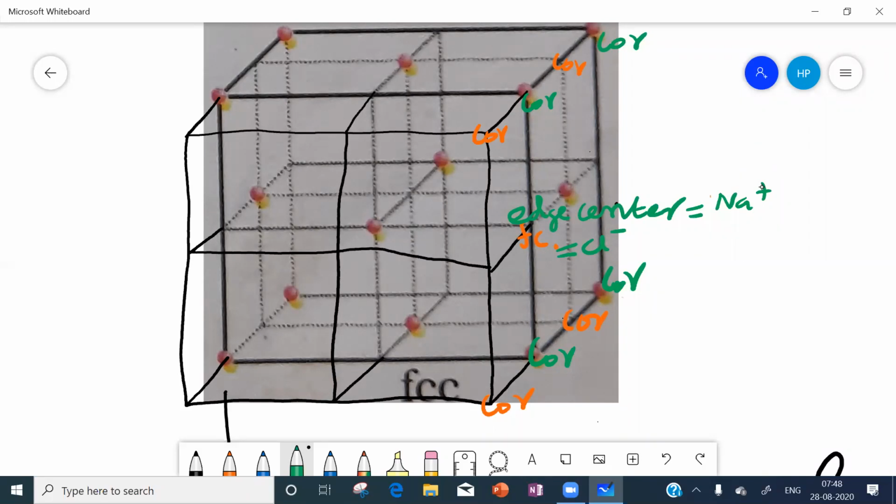What do you say? Will you say this point is an edge center or a face center?